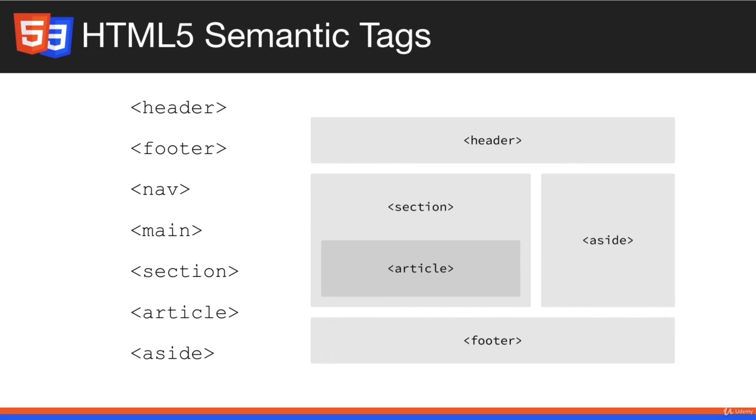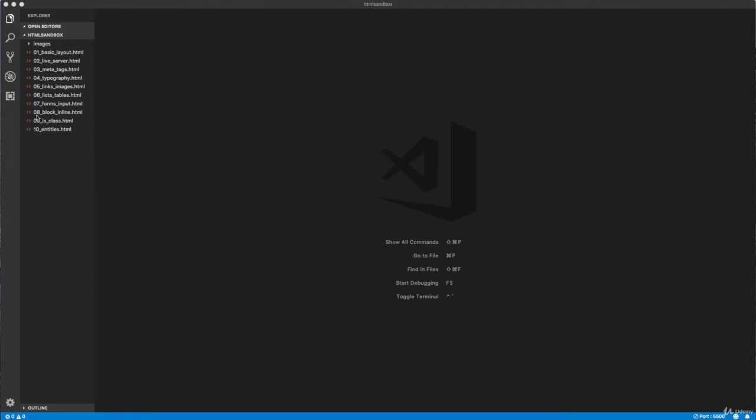Now I'm going to give you a little challenge, and I want to give you a layout that only uses divs, and I want you to figure out where to put these semantic tags, okay, all the ones that I just showed you. So let's go ahead and create a new file here.